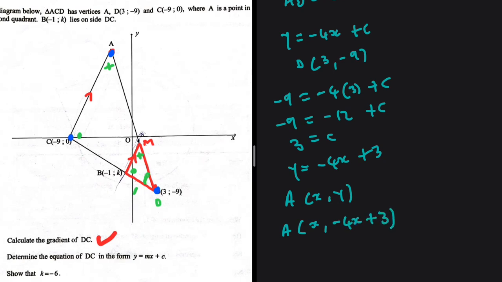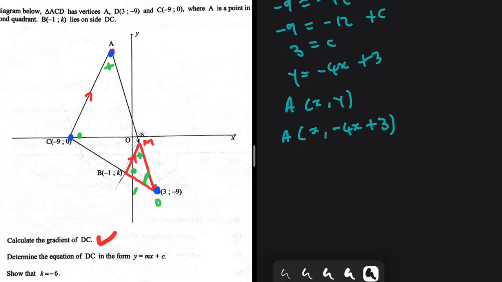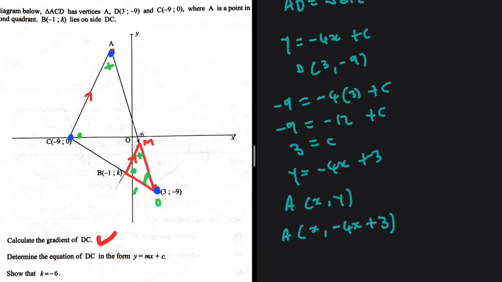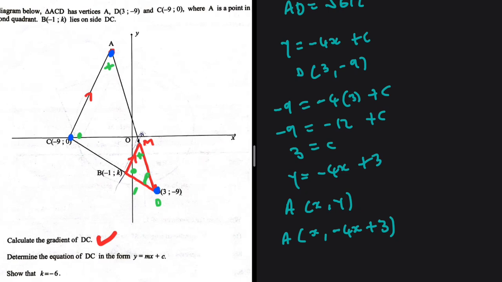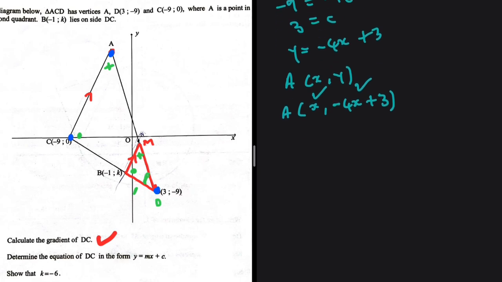This should not be groundbreaking. You should have come across something like this at some point. Let's now use the other piece of information, this distance, to actually find the coordinates of A.